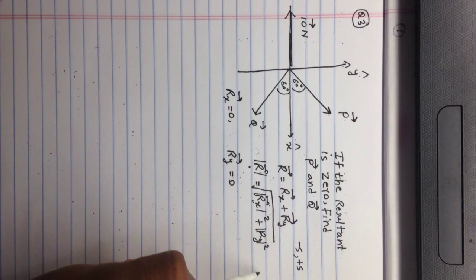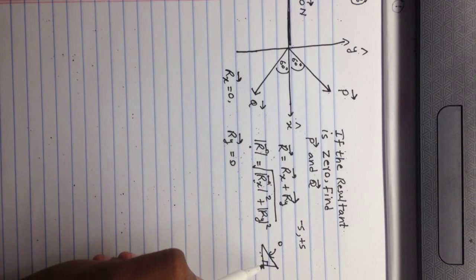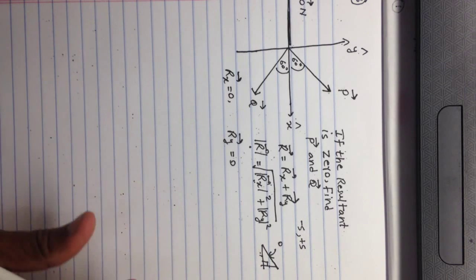For example, in a right triangle, if the hypotenuse is 0, these two sides should also be 0, because if the hypotenuse is 0, there is no triangle, right?